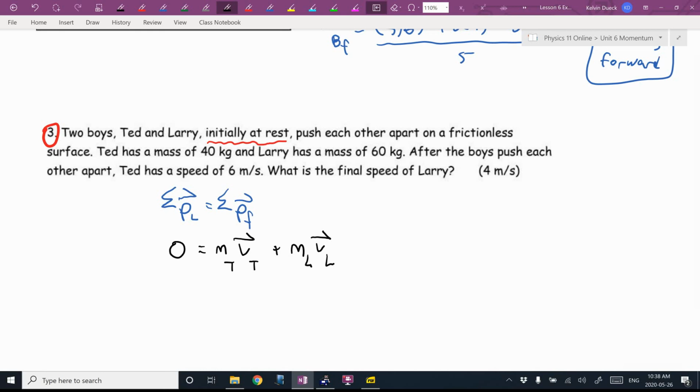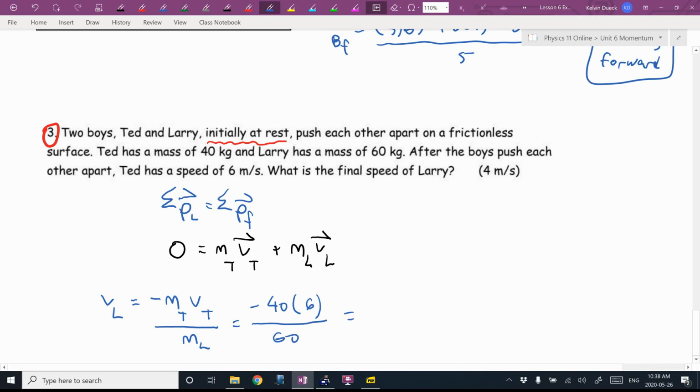They want me to find the final speed of Larry? Okay. Let's see if I can do this in one step. V Larry is going to be negative mass T, velocity T, divided by mass Larry. Negative is going to be mass TED 40, TED 6, Larry 60.